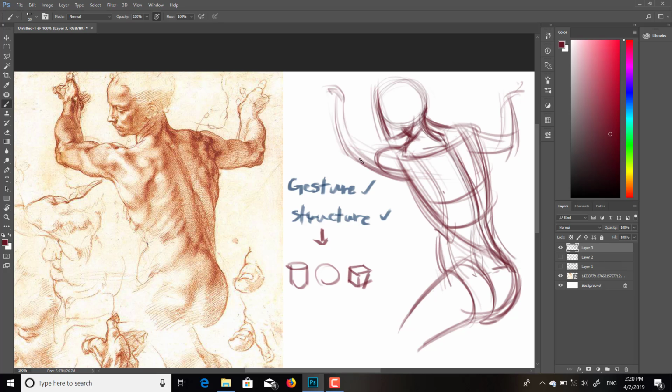We've talked about primary, secondary, and tertiary forms. Here we are working with primary forms. So at this stage, it's not necessary to think about how to put all the muscles down.